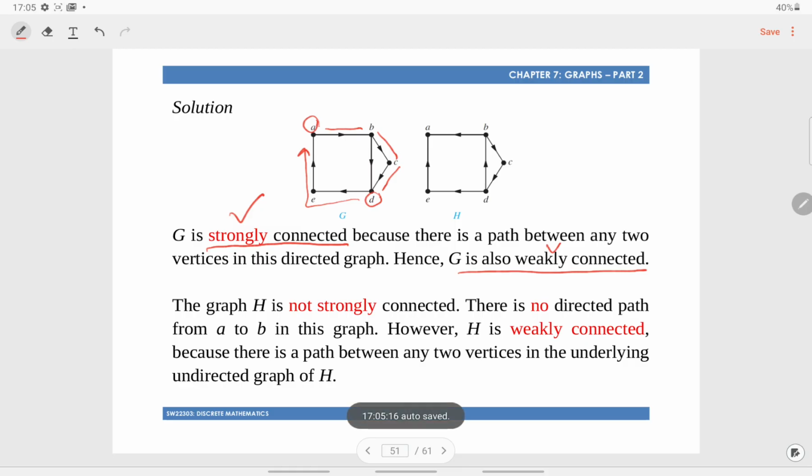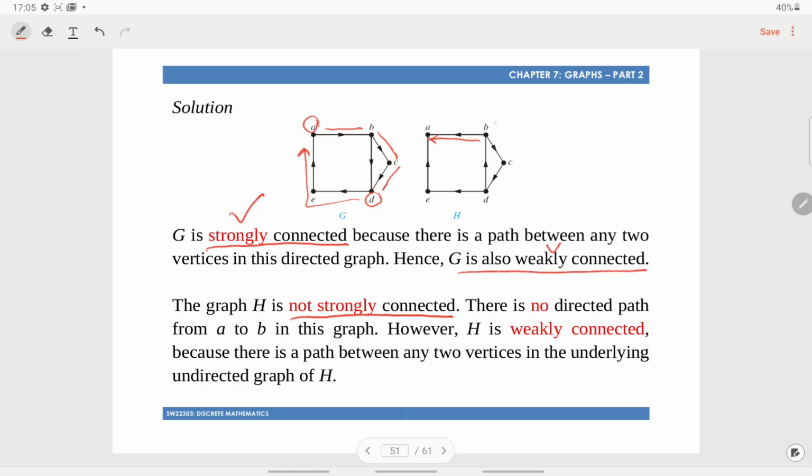How about the graph H? The graph H is not strongly connected. There is no directed path from A to B in this graph. From B to A, yes, there is a path. B to A is easy.